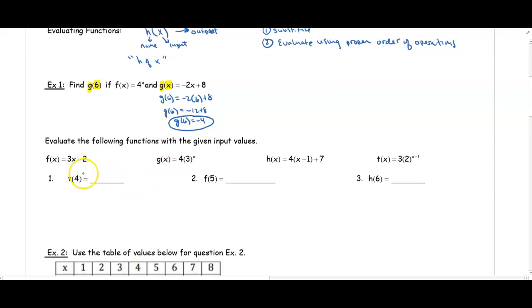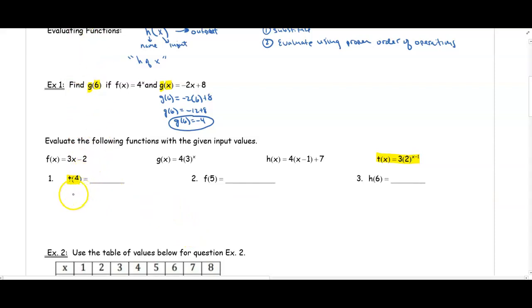Let's look at this next one. We're given 4 functions here: function f, function g, function h, function t. And they want us to evaluate t of 4. So I use this function here, and everywhere I see an x, I'm going to replace it with a 4.